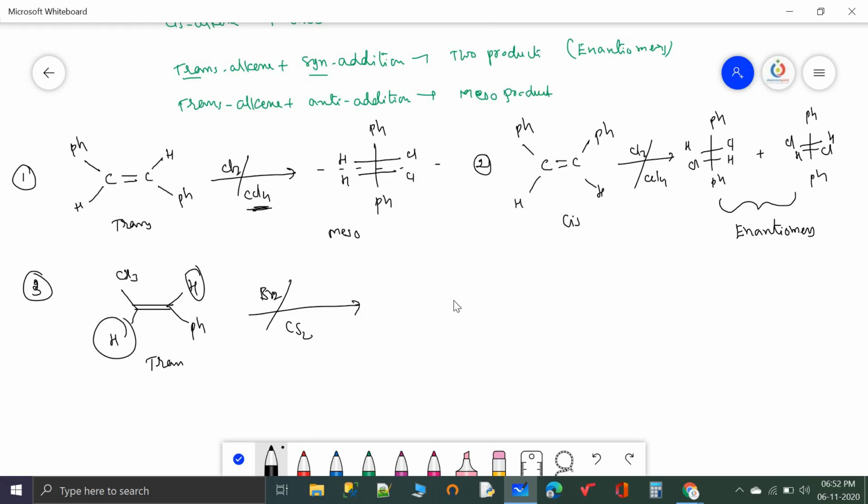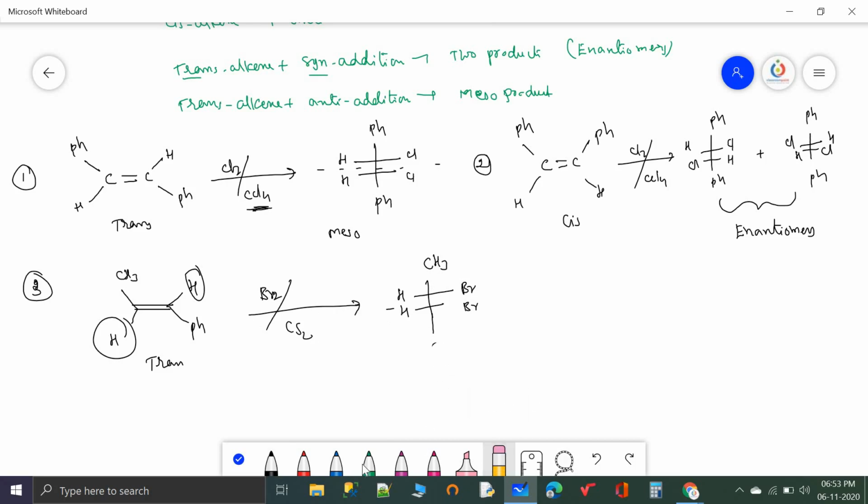This compound is a trans compound, so that we get the CH3 and CH3, Br, hydrogen and hydrogen.